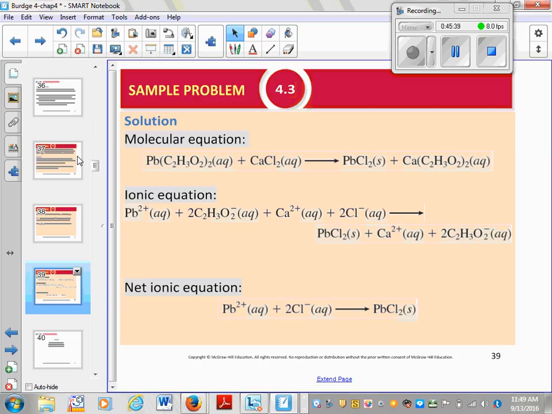Oh, because yeah, because sodium. So they're all aqueous. So if they're all aqueous, what does that tell me? If I put them together, does anything happen? No, there's no reaction. So if everything's aqueous, there's no reaction. Just a big pool of spectator ions just hanging around.